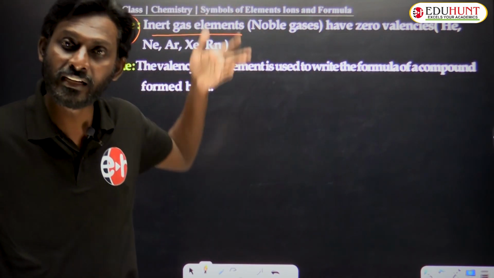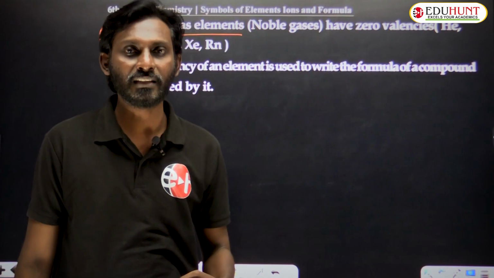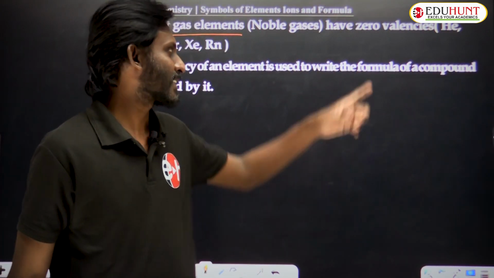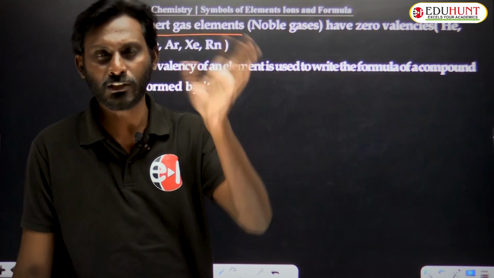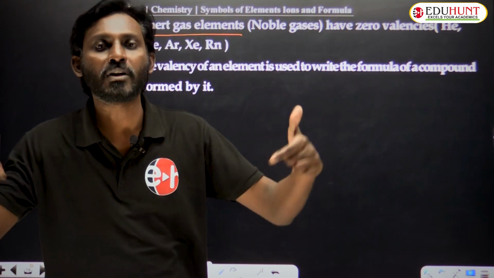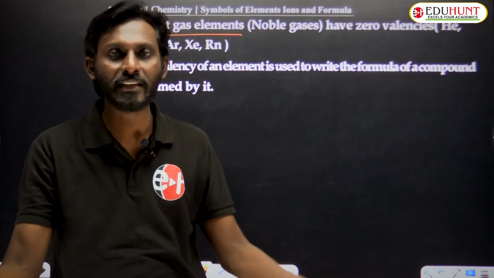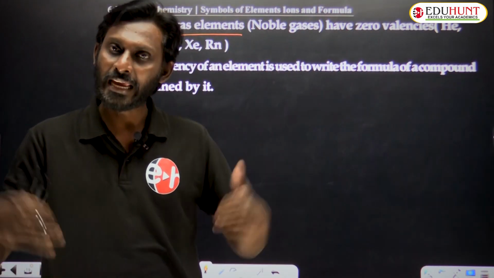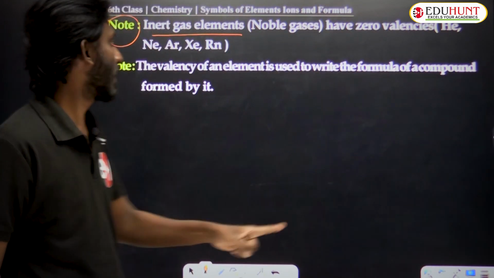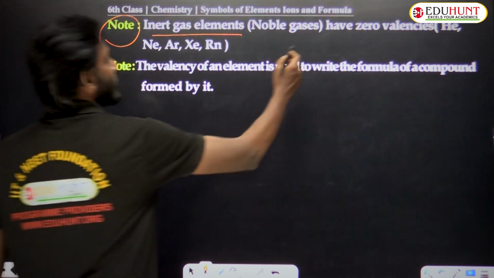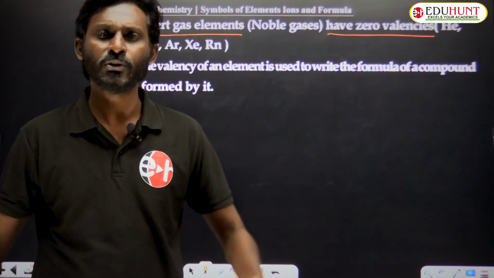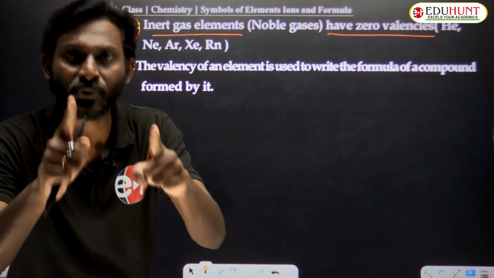Inert gases already have 8 electrons, except helium. Helium has 2 electrons, which is also stable. Then why would they lose, gain, or share electrons to combine with other atoms? That's why inert gases generally have zero valency. Their combining capacity is zero. They don't want to combine. They don't have to combine.